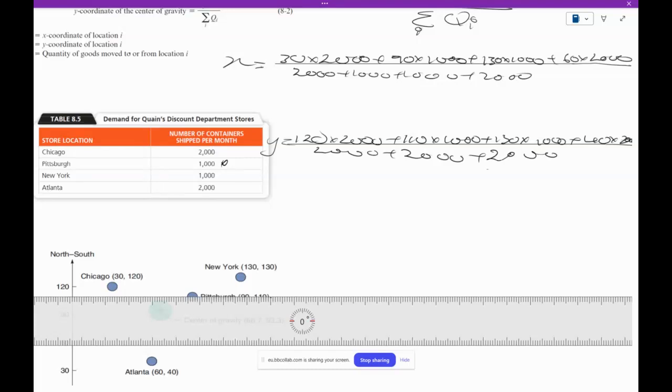2000, which is equals to. So the one at the top, we do this 30 times 2000. So the one at the top, the answer is 66.67.